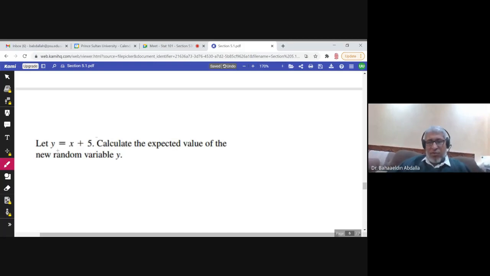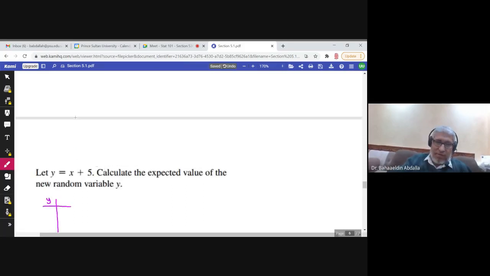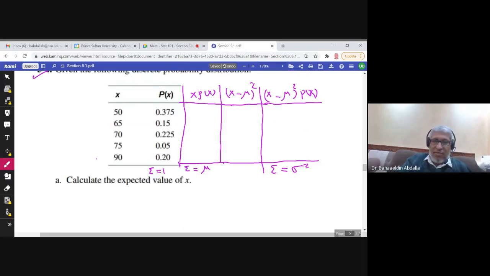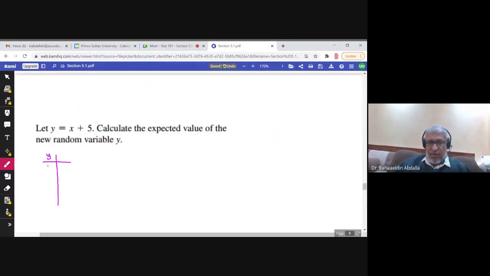Now, let y equal x plus 5. So there is a new variable called y, okay, not x, and the definition of y is x plus 5. So x, for example, is 50, so y would be 55.